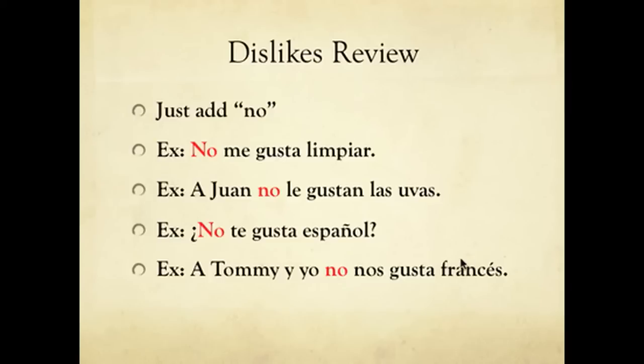A Tommy y yo no nos gusta francés. So just keep that no right there. Two words to the left of gusta, right in front of the indirect object pronoun. And that's how you say you don't like something. Eso es todo.